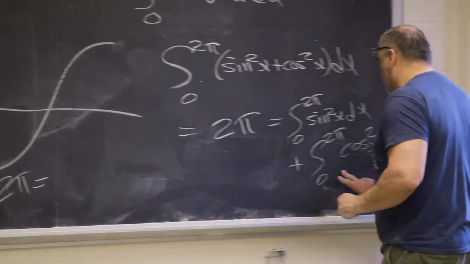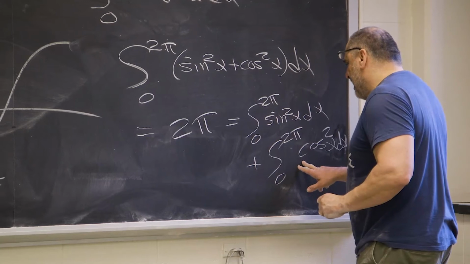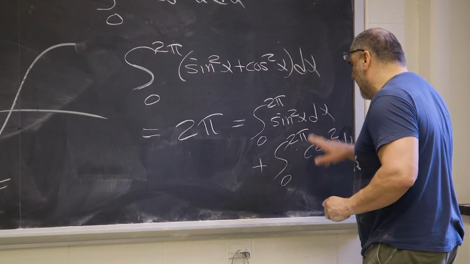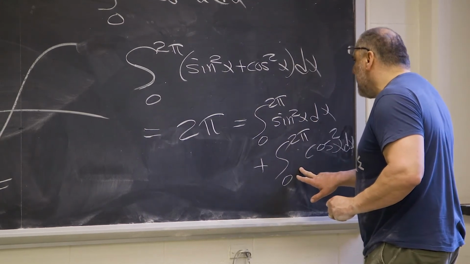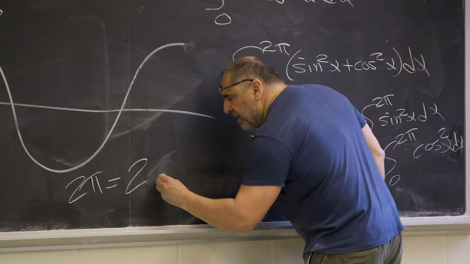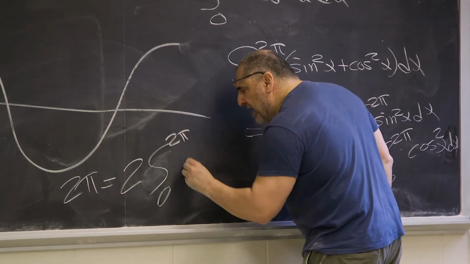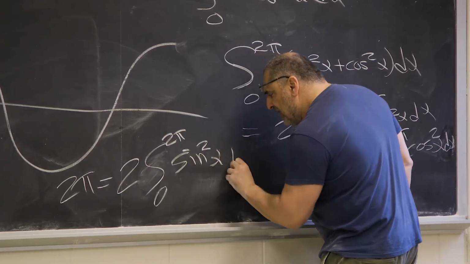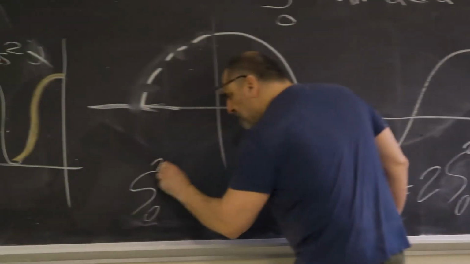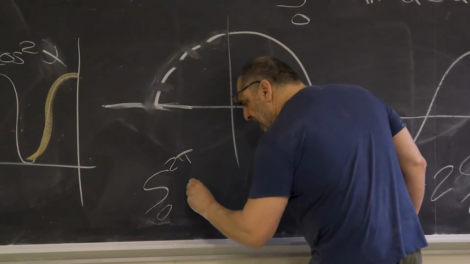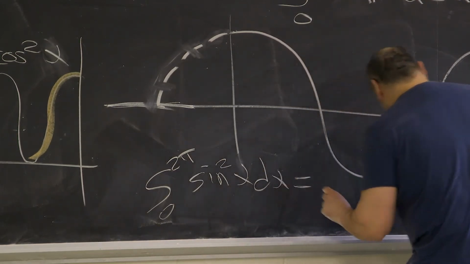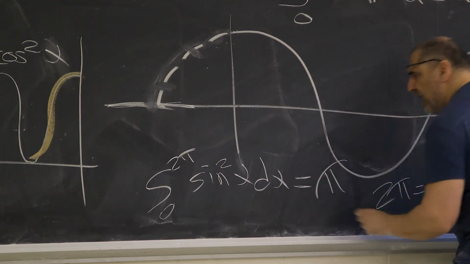If these two are equal in terms of value, call this the integral from 0 to 2 pi of sine squared x dx, and this is the integral from 0 to 2 pi of sine squared x dx in terms of a value. That's 2 times the integral from 0 to 2 pi of sine squared x dx. Divide by 2 on each side. It's a messed up song and dance, you guys, forgive me. Divide by 2 on each side, you got pi, there it is.